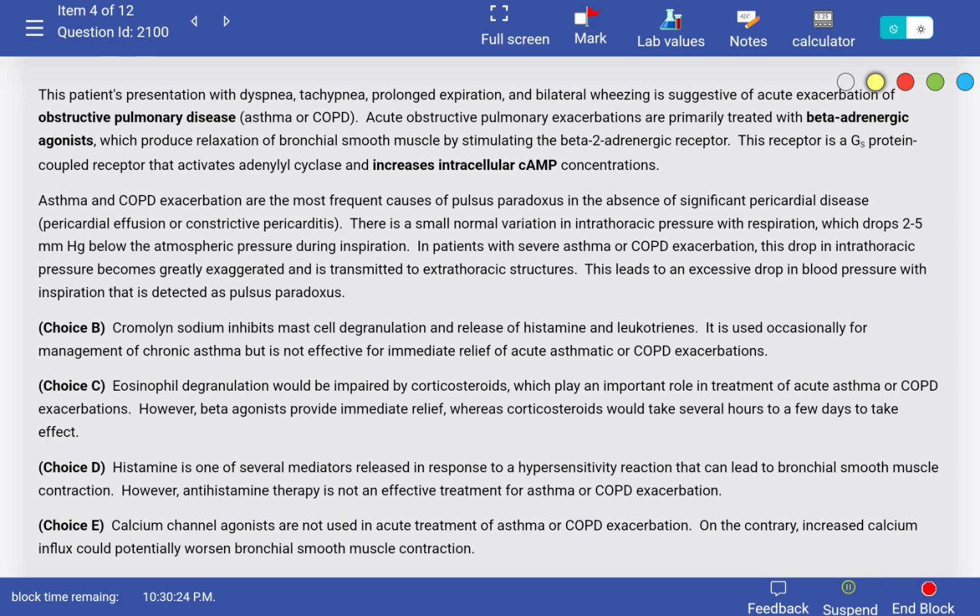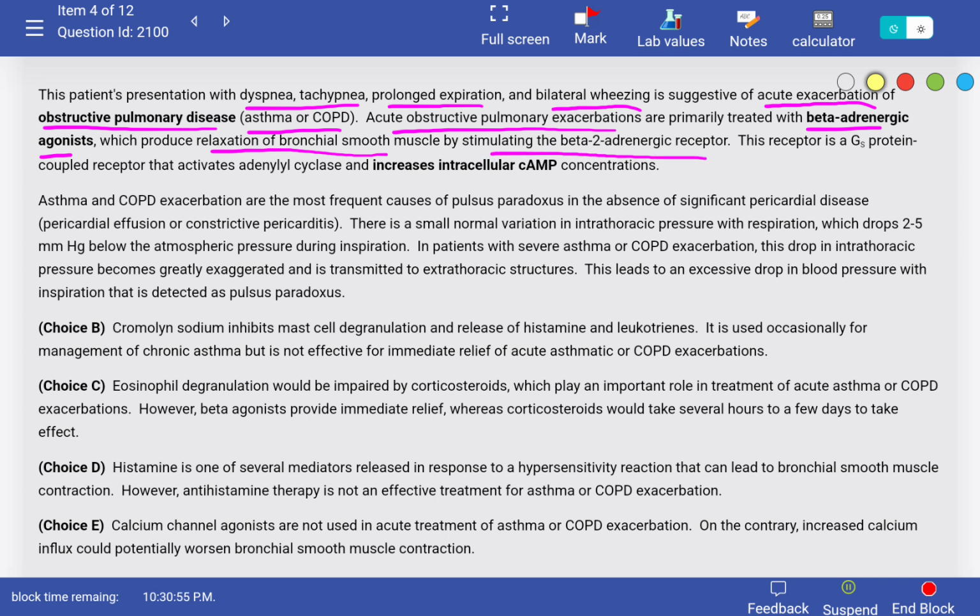This patient presenting with dyspnea, tachypnea, prolonged expiration, and bilateral wheezing is suggestive of acute exacerbation of obstructive pulmonary disease, asthma or COPD. Acute obstructive pulmonary exacerbations are primarily treated with beta adrenergic agonists, which produce relaxation of bronchial smooth muscle by stimulating the beta 2 adrenergic receptor.